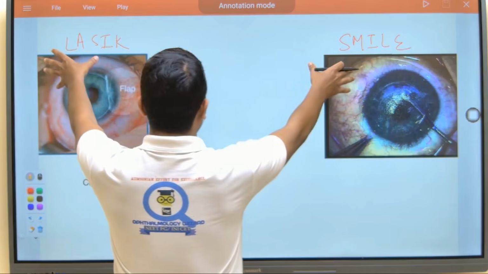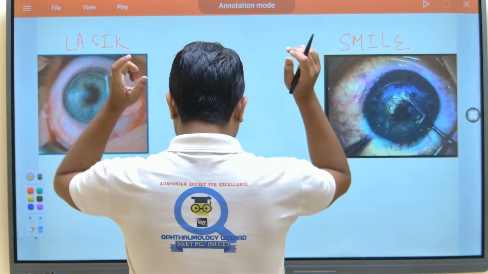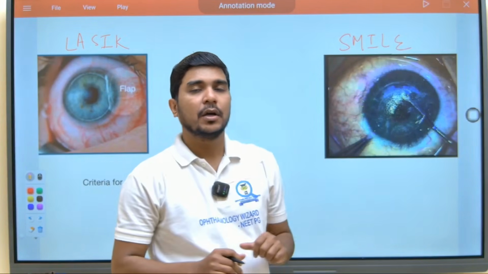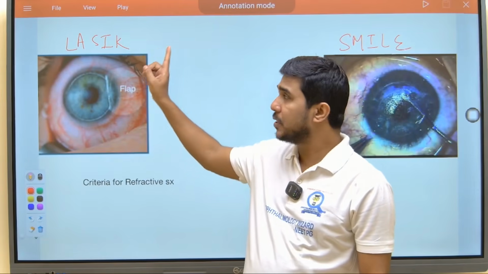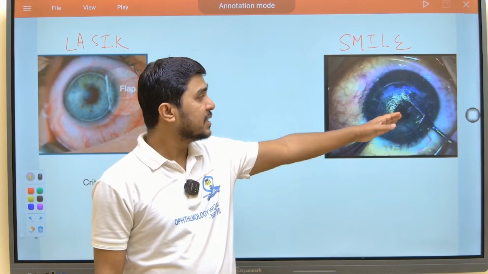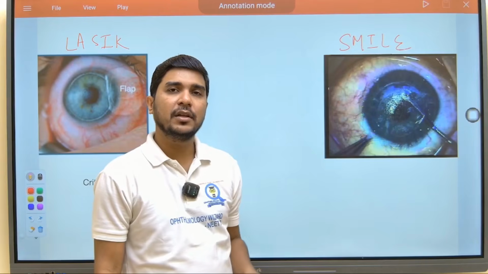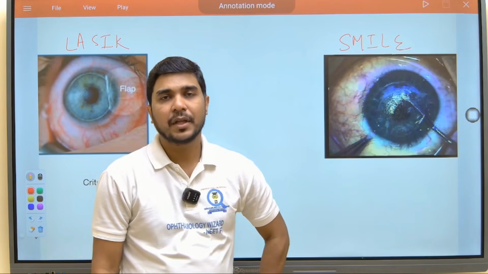So both of them are refractive surgical procedures, but to identify them, you need to see the flap. If there is a flap, this is LASIK. If there is some instrument inside the corneal layer, this is SMILE. Understood?